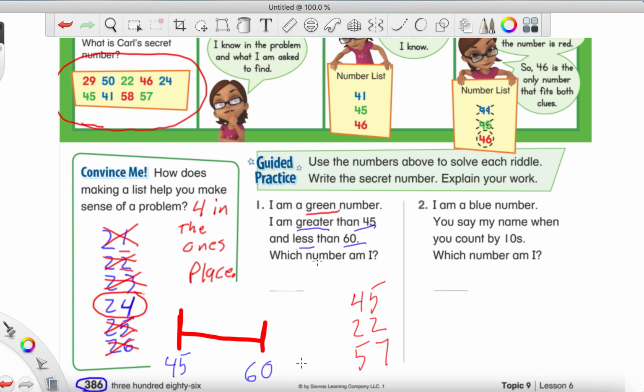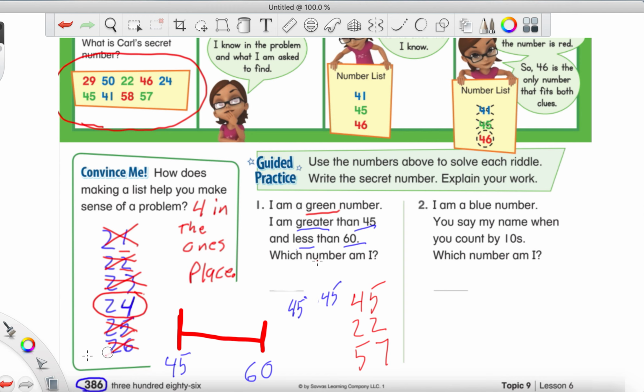So our first number is 45. Is that bigger than 45? No, it's actually the same number. It's not bigger. It's because if we wrote 45 is greater than 45, this wouldn't make sense. We can't write that 45 is greater than itself. We would be pretty confused.